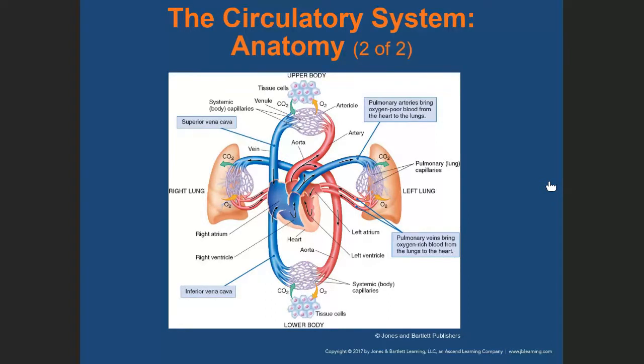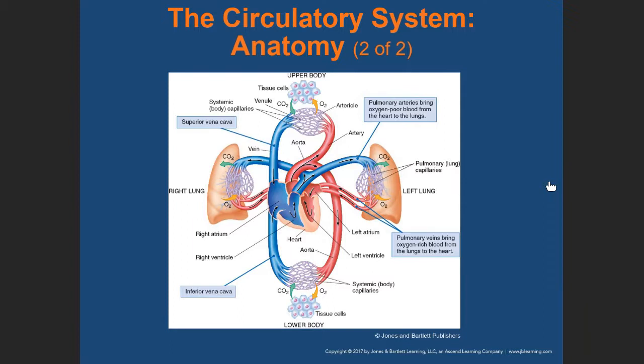All right, so if there's a problem with the right ventricle as a result of not being able to receive the oxygenated blood from the right atrium, there will be a build-up of oxygenated blood.